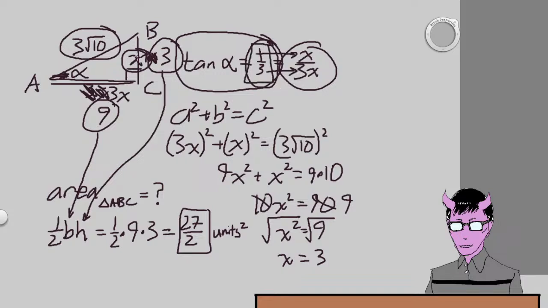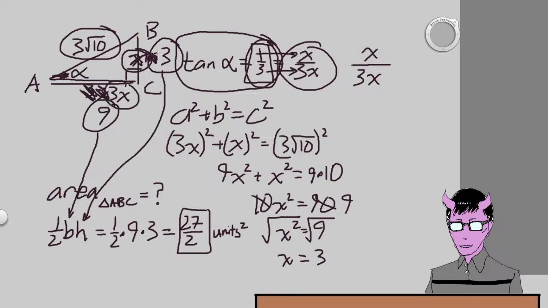X, as we define it, is the actual side length. So therefore, you set the ratio, since the actual length is x, then the other side is going to be 3 times that, because that's a ratio of 1 to 3.